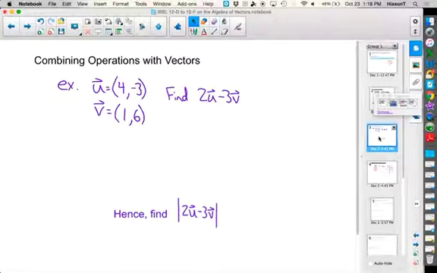And then hence, which remember means use your result from the previous one, find this. What is this asking you to find? The magnitude, okay? So take a minute here and try that.